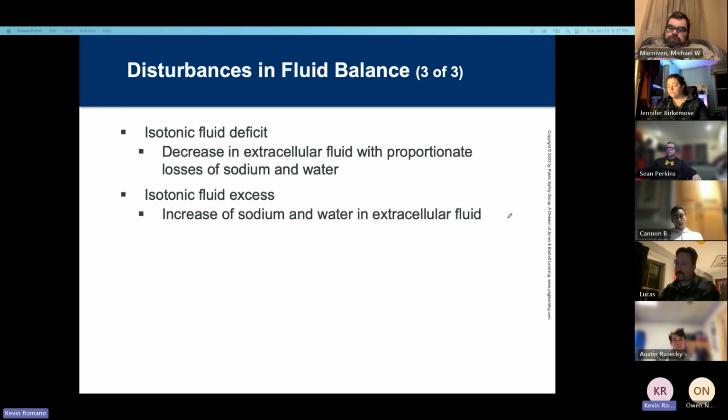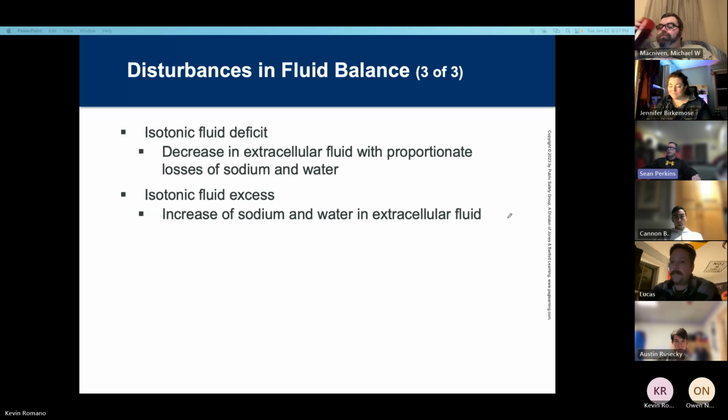What are some causes of patients losing water? Sweating. Vomiting. Vomiting and diarrhea, right? What else can make us lose fluid? Burns. Burns can cause dehydration. What else?